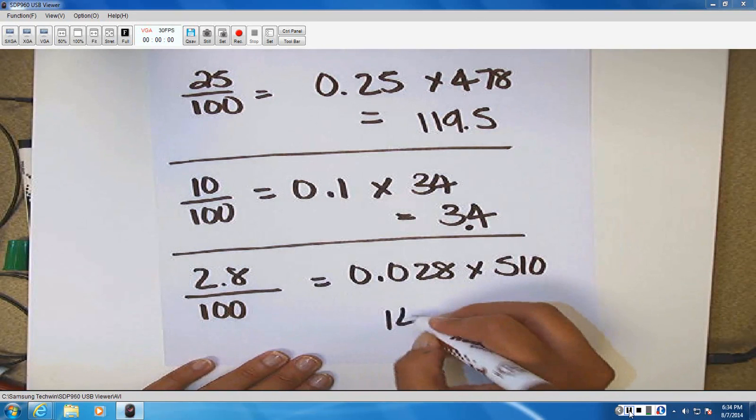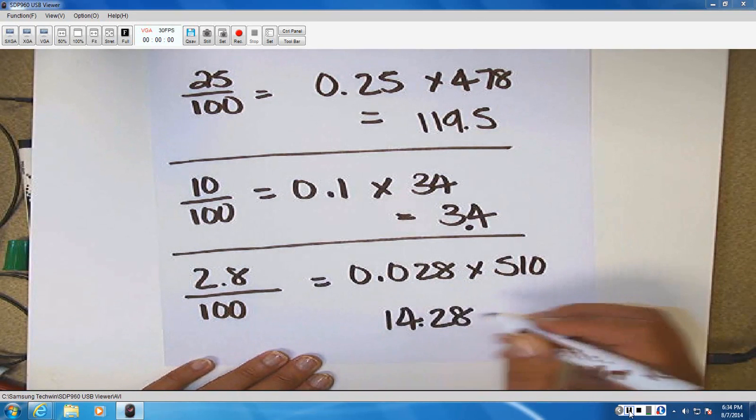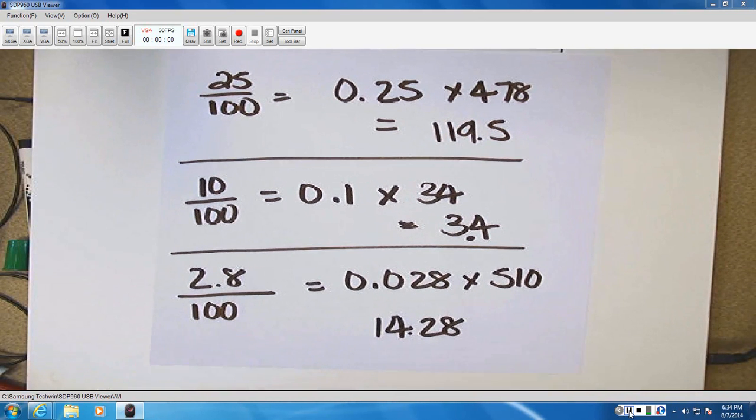And I get 14.28. So the question was, what is 2.8% of 510? And the answer is 14.28.